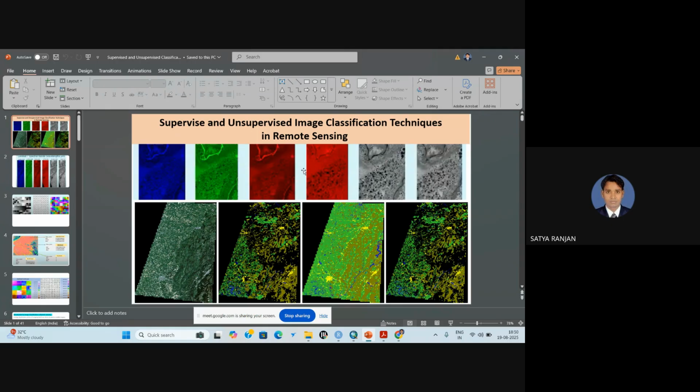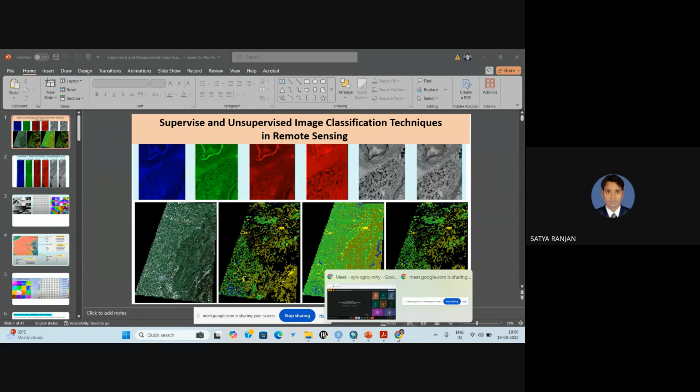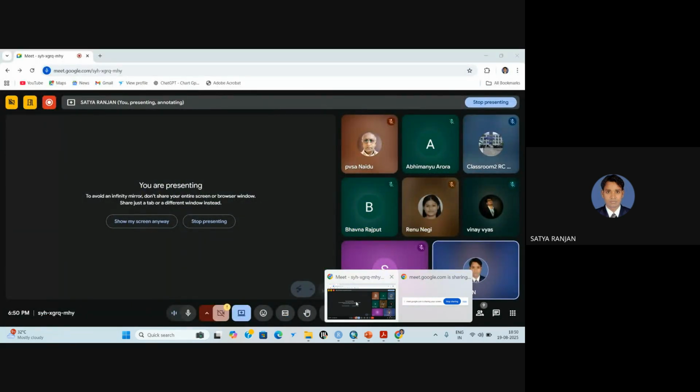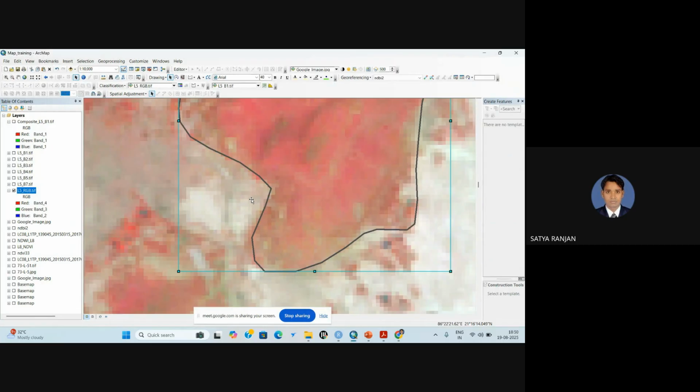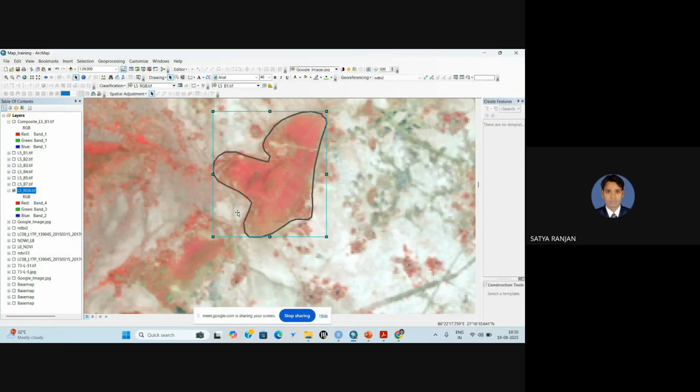Okay, then we will discuss supervised and unsupervised image classification. During our manual identification of features using digitization of the image, there is no dependence on the pixel boundary.